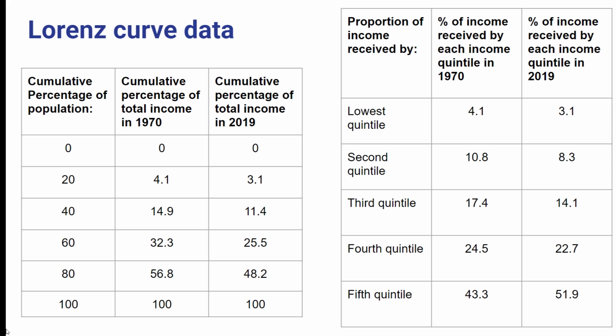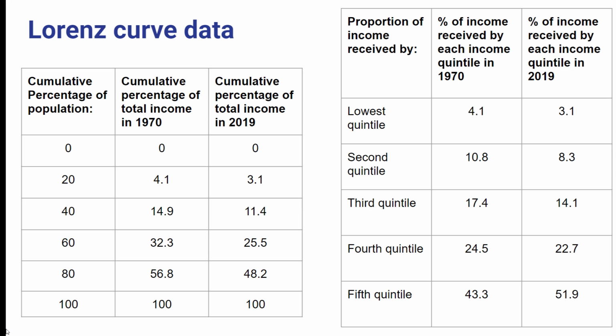In 2019, the proportion of income received by the bottom 40% of the population would be 3.1 plus 8.3, or a total of 11.4.